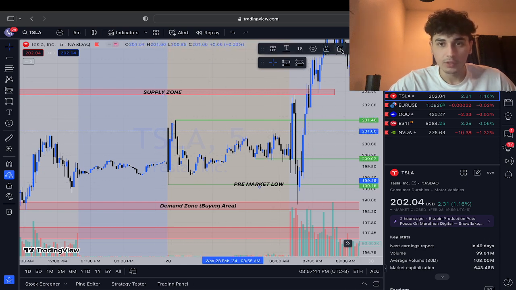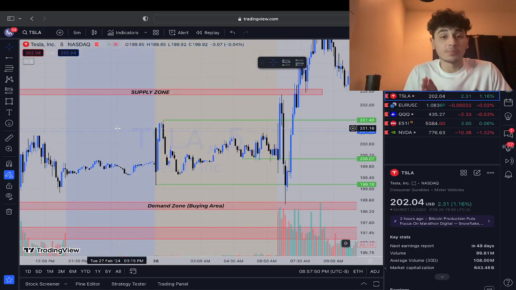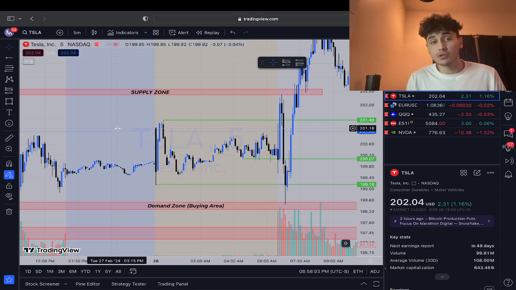Okay, cool. So we have our supply zones and our demand zones, which are pretty much just supply areas or demand areas. Our demand zones are going to be areas or ranges where buying pressure has previously been significantly strong, or areas where price has presented a strong reversal.